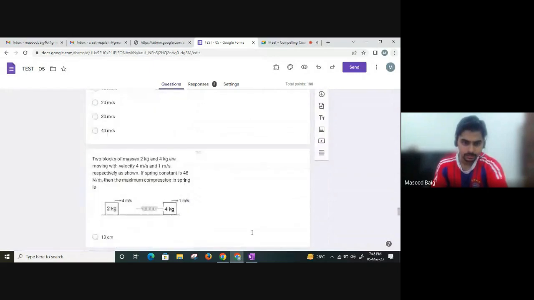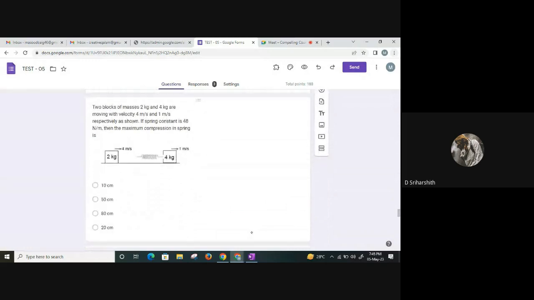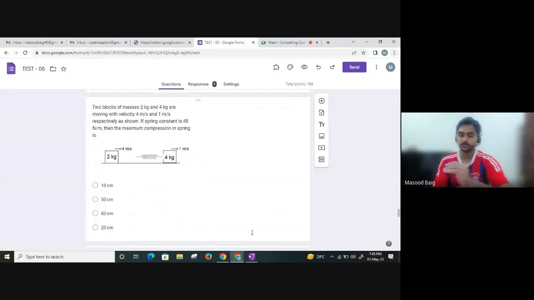This one. Yes, sir. Same concept again. Two blocks of masses 2 kg and 4 kg are moving with velocities 4 meters per second and 1 meter per second. So obviously it is evident that the 2 kg mass will go and hit the spring. So what will you do? You will write the initial momentum, 2 into 4, plus 4 into 1. Initial momentum will be 12 newton second.